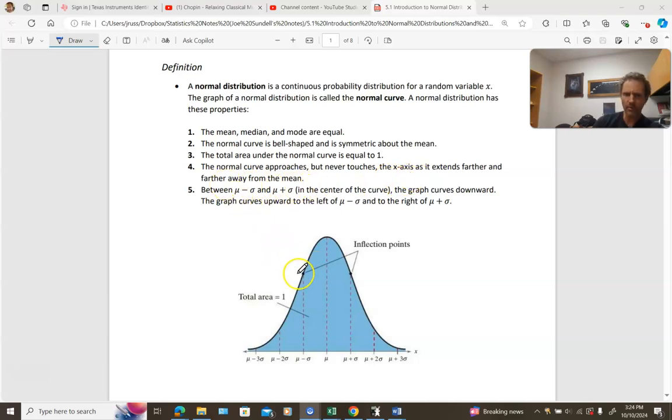Then I guess I will go ahead and mention this, although we're not going to talk about it much. A normal curve like this has what are called inflection points, and it's these points right here. And they occur at values of x that'll be 1 standard deviation below the mean and 1 standard deviation above the mean.